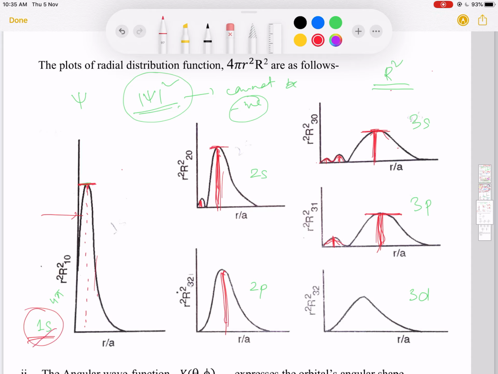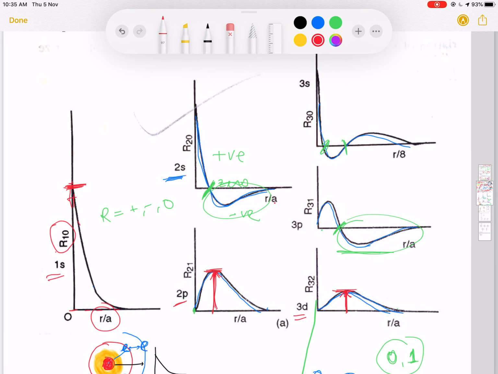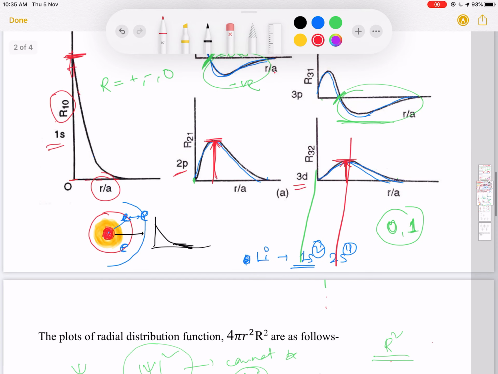What are the plots of the radial distribution function for 1s, 2s, 3s, 2p, 3p, and 3d? These are the 6 plots that will be important for you. For the radial functions also, we just memorize the graphs, because they are very important. So this is all about the radial part.